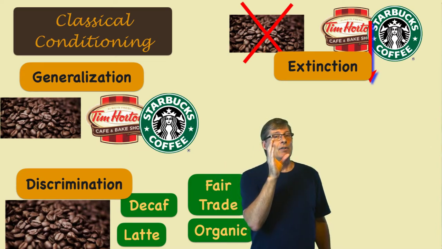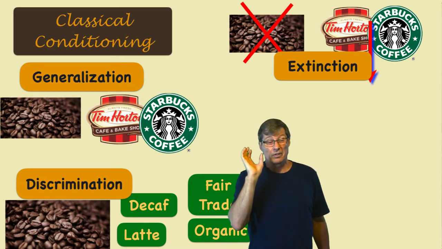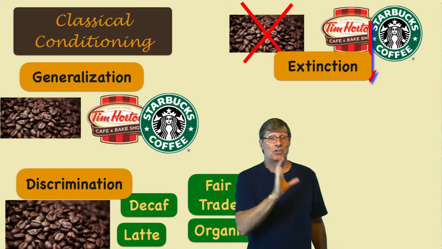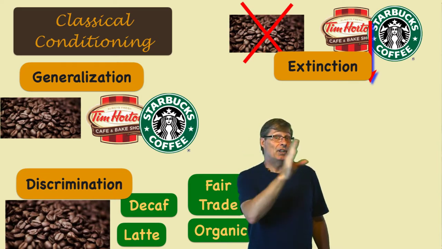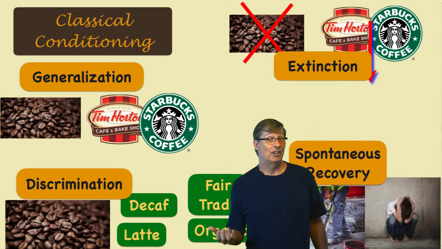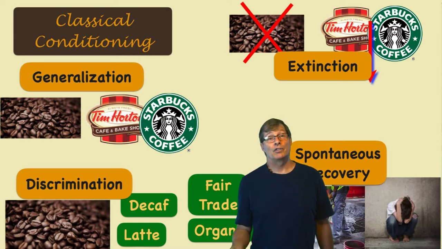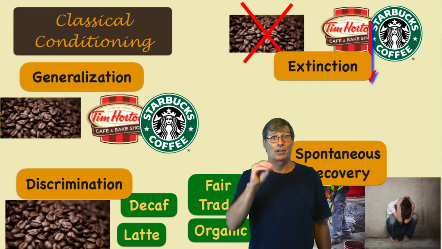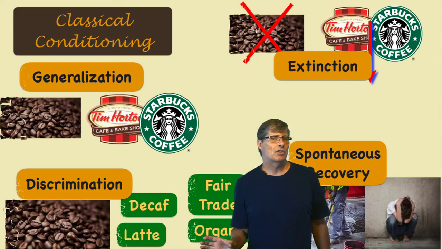If I don't see that sign for a while, I drive in other parts of the world or go to the US where there's no Tim Hortons, that link for me might start to wear down over time where I see it and I don't necessarily need to go for a coffee. That would be extinction. Now, spontaneous recovery, this is when the conditioned response can occur after a long delay and even without further conditioning.